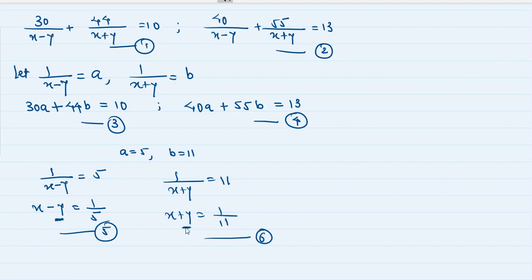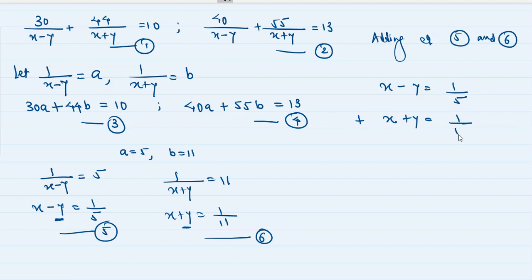Plus 1 and minus 1. So adding equations 5 and 6, if you add equations 5 and 6, what do you get? x minus y is equal to 1 upon 5 plus x plus y is equal to 1 upon 11, and these two get cut.